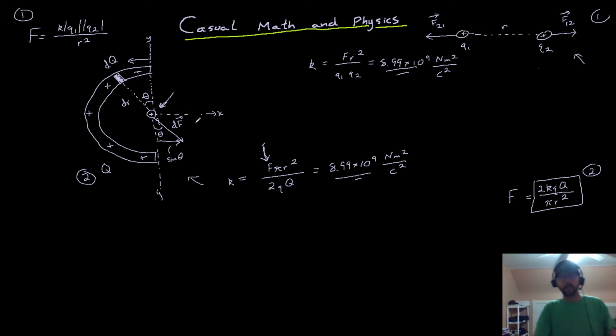So yeah, you could. So you measure the force on this particle. You take pi, which is just a number. Then you take the radius here and square that and divide it by 2 times the charge value of this charge times the total charge value of this horseshoe-shaped thing. And then that would be a second way you could verify K.